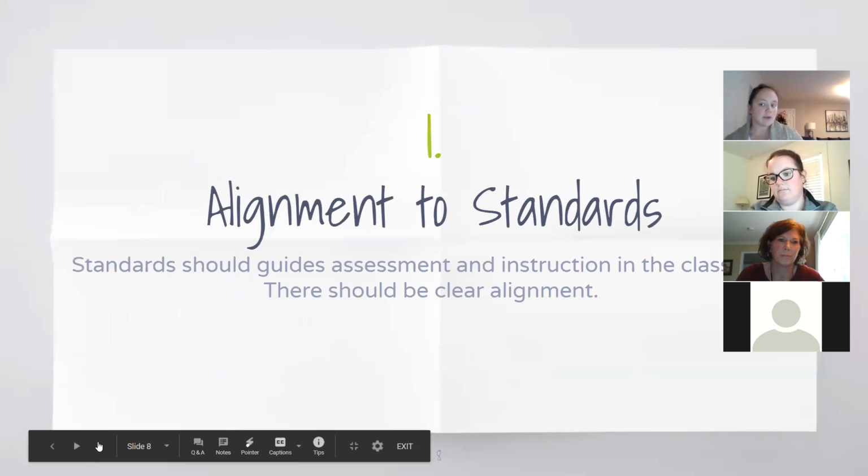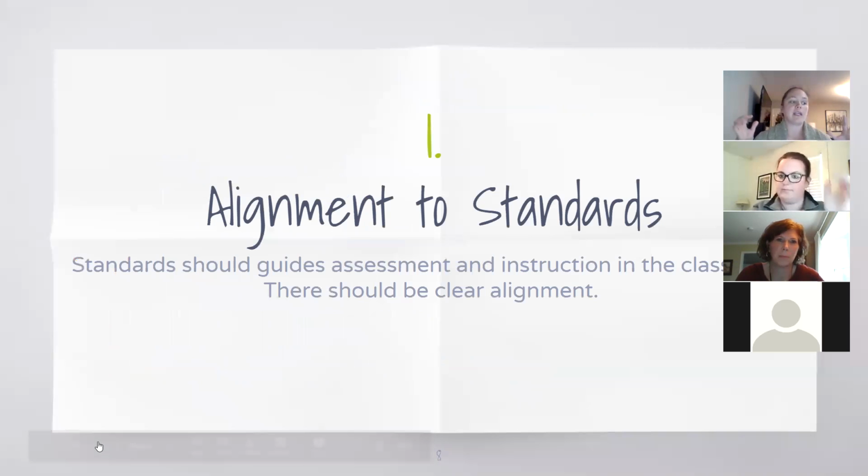And so that first one that we're going to look at, I know this is something that we hammer home. We talk about it all the time, even outside of this idea of mastery: the importance of our alignment to standards. And in a mastery system, it becomes even more important because we do not want this gotcha situation when we say, hey, this is the standard and this is the learning target, and then this is how I'm going to assess you, and those two things don't mesh or align.